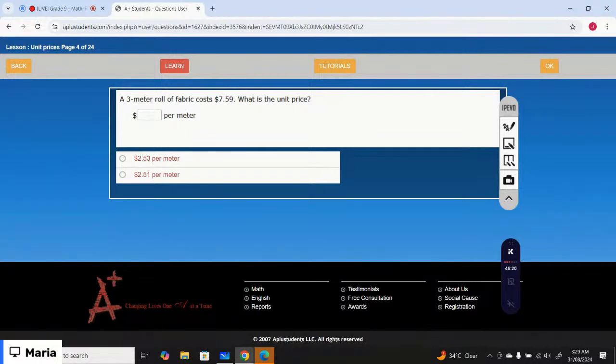The correct option is 2.53 per meter. Option number 1 is the correct option.